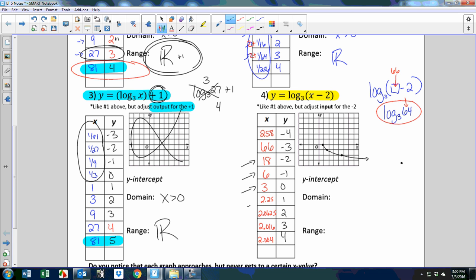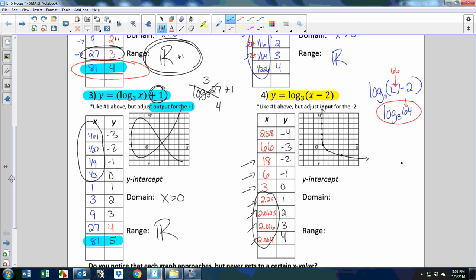When we graph our next points, 2.25, that'd be right about 2.25, up 1. Right 2.06, up 2. Right 2.01, up 3. Right 2.004, up 4. And you get the picture. The decimals are going to keep getting closer and closer and closer to what? Closer and closer to 2. Not 1, but 2.